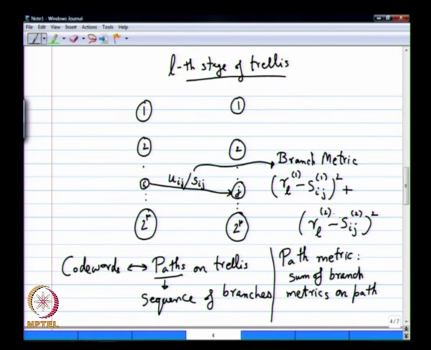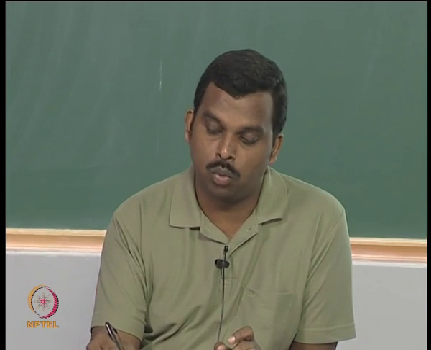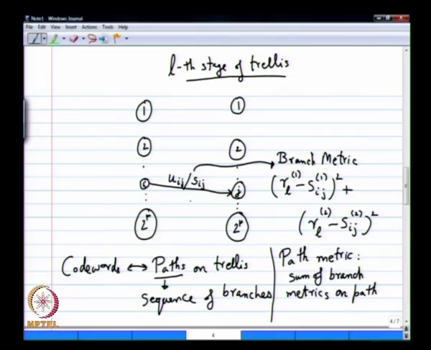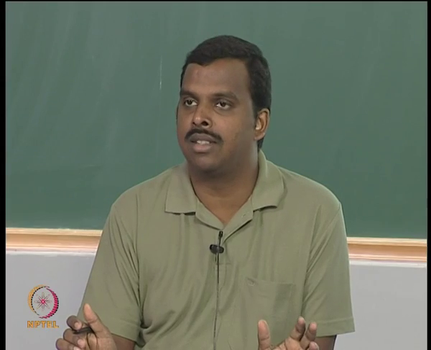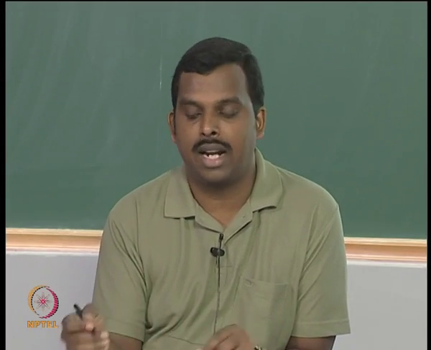What will it be for the BSC? It will be a Hamming distance computation. You will have 2 bits received for this particular stage, and Sij will be 2 bits. You simply take the Hamming distance between those 2 things. Every other part of the algorithm remains exactly the same. Nothing else you have to change except that the branch metrics, instead of being Euclidean distance, simply become Hamming distance. That gives you hard ML decoding.